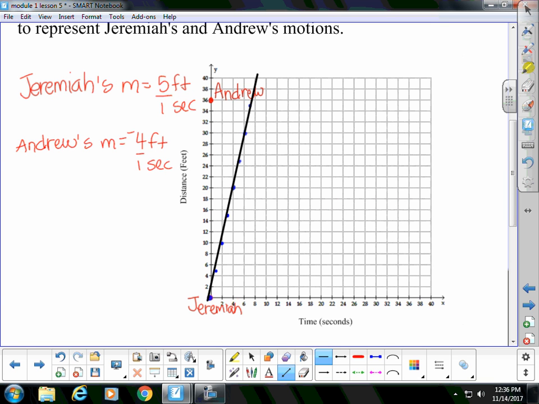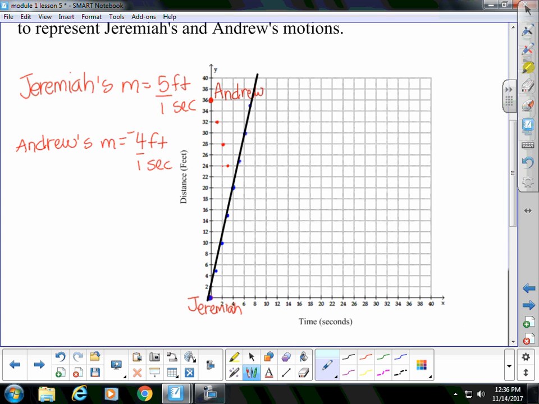Okay, there's Jeremiah's graph. Now Andrew is going down 4 over 1. So from 36 down 4 would be 32, and over 1 is going to be in the middle. Okay, down 4 from 32 would be 28, and over 1. Down 4 from 28 will give me 24, and then over 1.